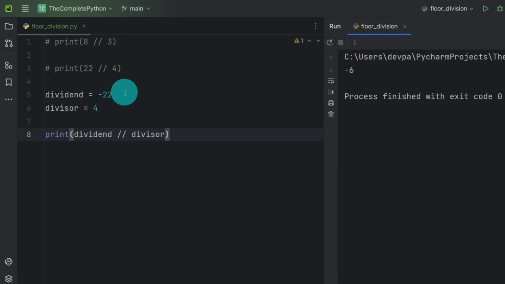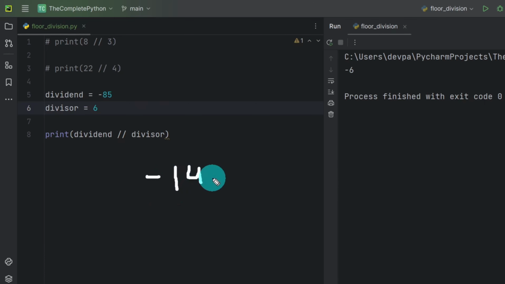Now let's perform floor division operation between minus 85 and 6. First let's divide minus 85 with 6. When we divide minus 85 with 6, we will be getting minus 14.1666. Now the integers that are close to minus 14.166 are minus 15 and minus 14.